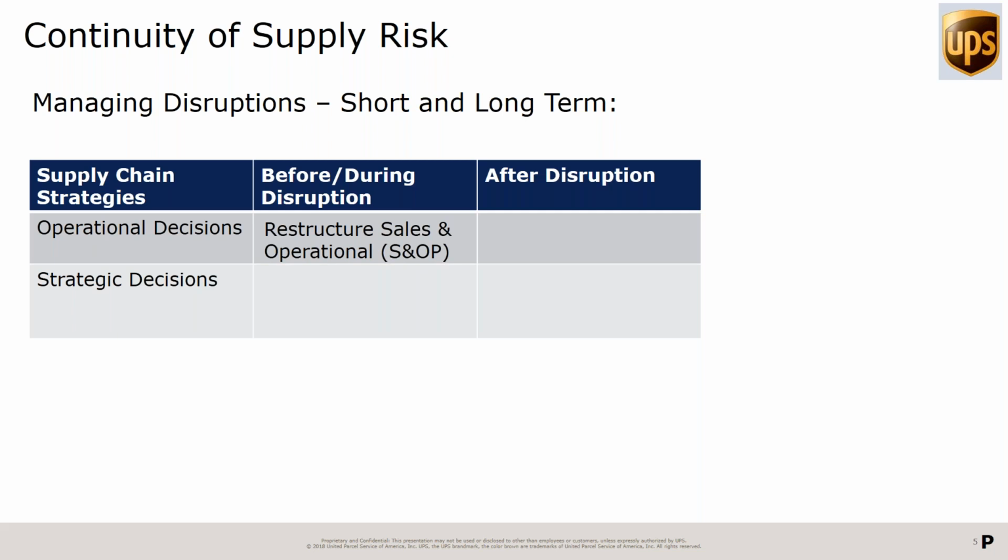So really starting at a high level, restructuring the sales and operations planning process before or during the disruption, and then utilizing cost to serve while you are in the disruption or after the disruption hits, to provide the optionality to your business in terms of order fulfillment.